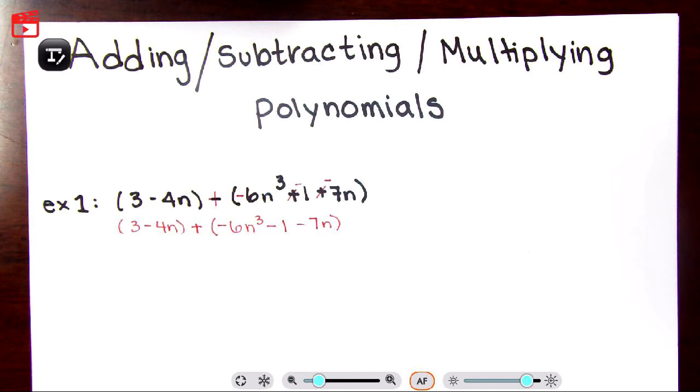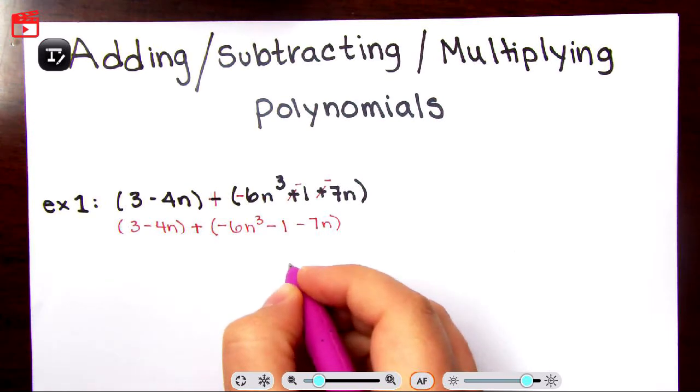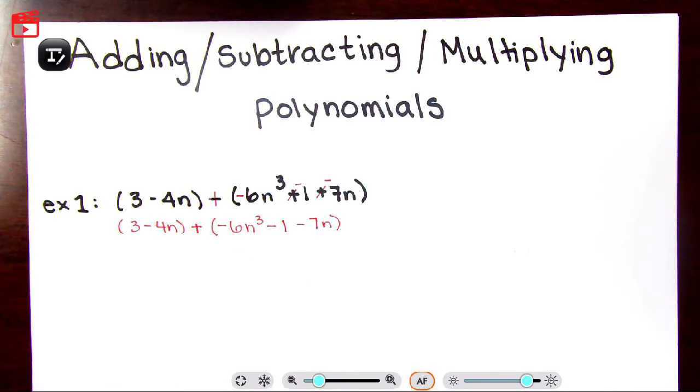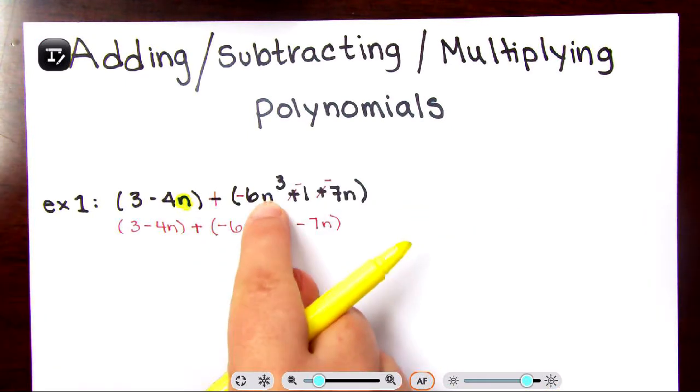Now when you're adding, you're going to combine like terms. So for example, we're looking for the variables to be the same. We're looking for the letters to be the same. Not only are the letters supposed to be the same, they're supposed to be the same quantity of them. For example, if I have n, I need to find one with n. Now, this one does have an n.